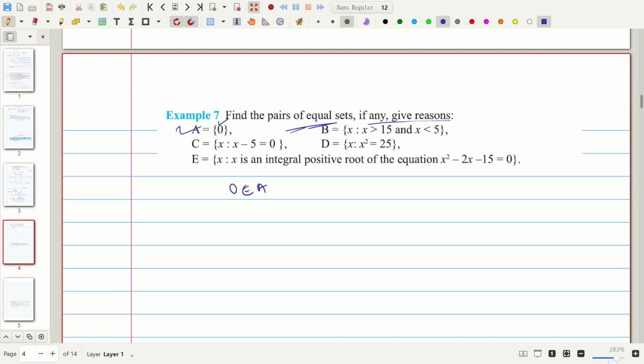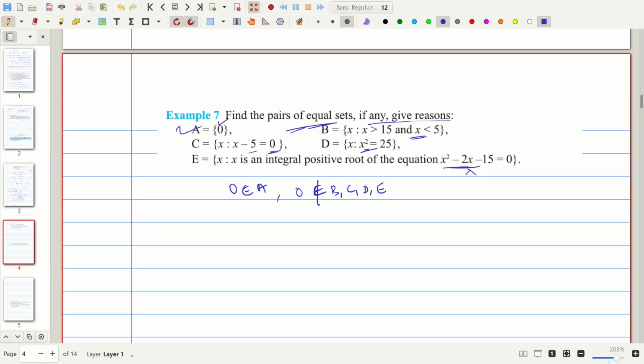There is no element that belongs to B, C, D, E. So 0 does not belong to B, C, D, and E. If we put 0 in, the equation will not be satisfied, and if we solve the equation, we will not get 0.